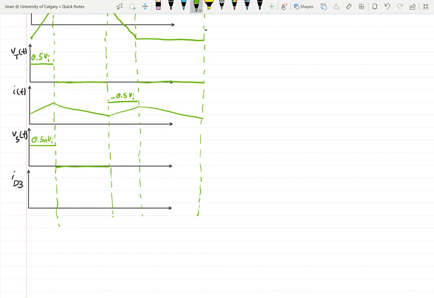This is 0, and this is 0.5 NVI again. Then this is 0.